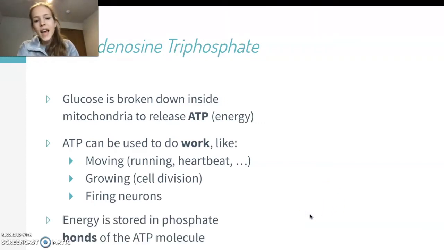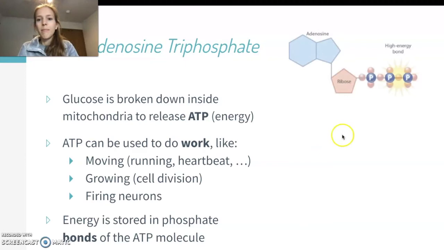And energy is stored in this bond. We're getting into some chemistry here, but bear with me. Adenosine was in the name, and this is a molecule called adenosine. And we have 3 phosphate groups, abbreviated P, so that makes the triphosphate part. So adenosine triphosphate has some of these bonds between its phosphate groups.